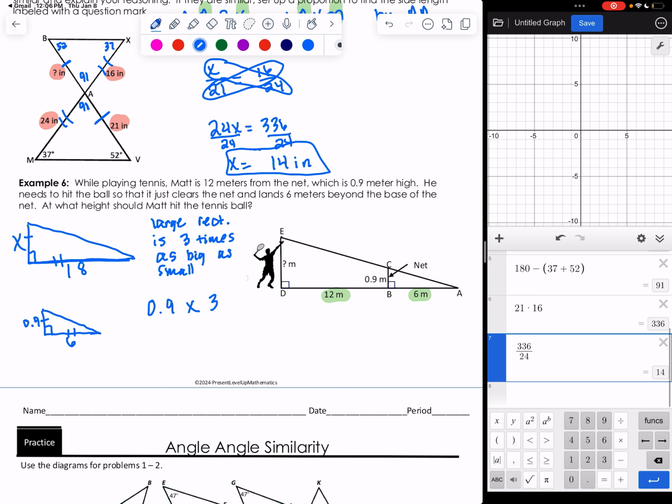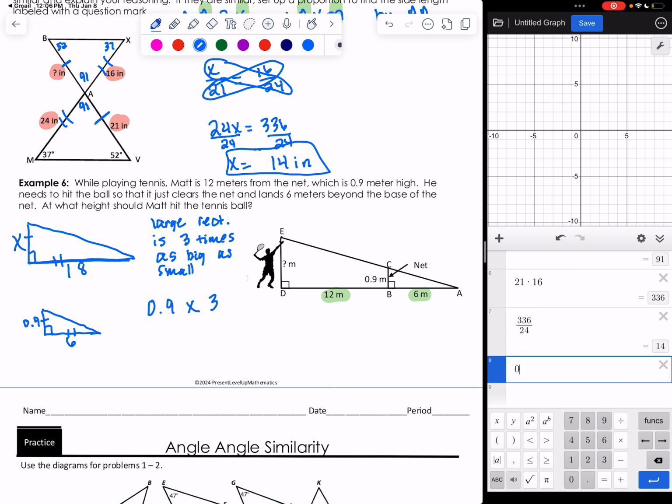So let's put that in my calculator here. 0.9 times 3, and that gives me a height of 2.7 meters. So what that means is that Matt should hit the ball at a height of 2.7 meters.